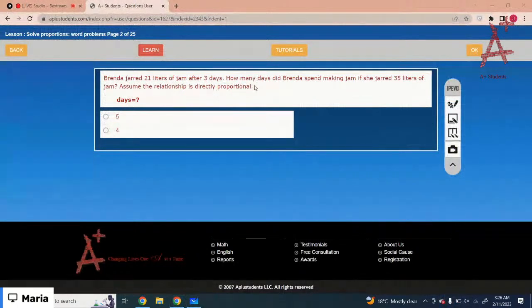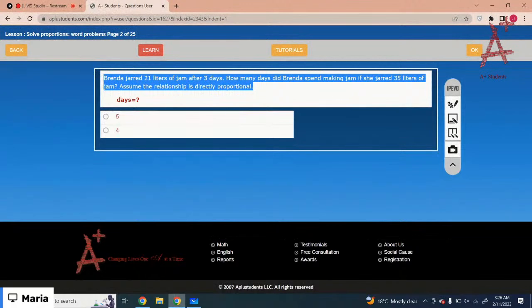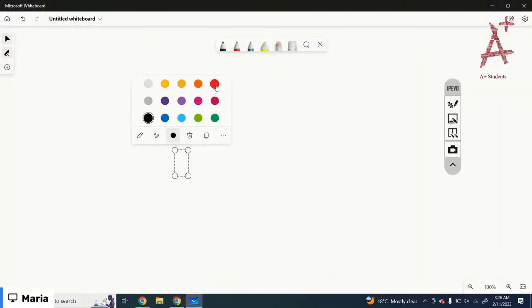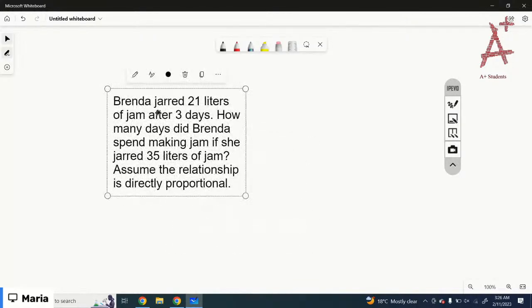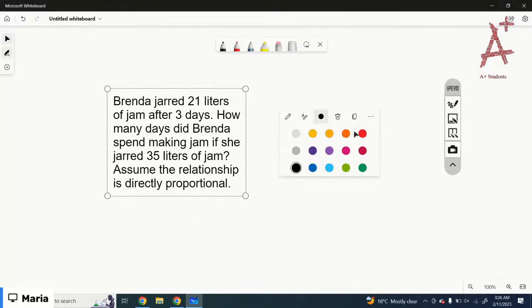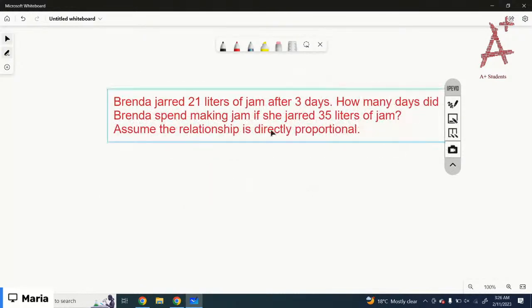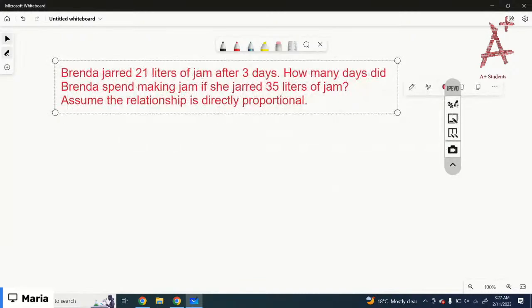Okay, the next one is, Brenda jarred 21 liters of jam after 3 days. How many days did Brenda spend making jam if she jarred 35 liters of jam?